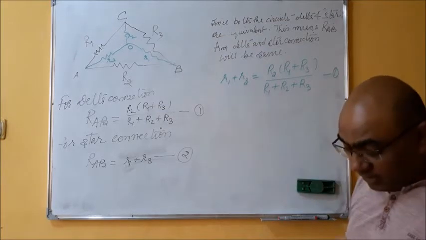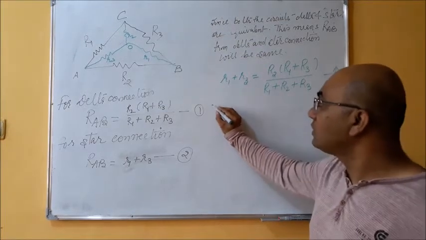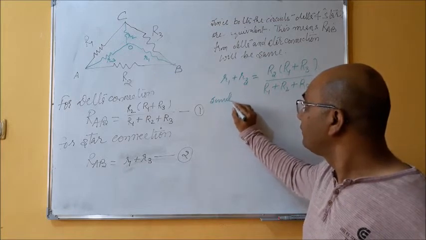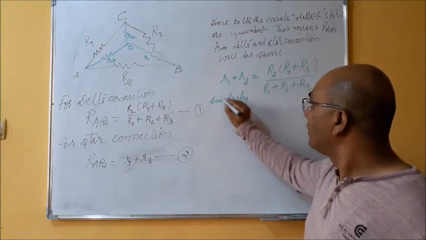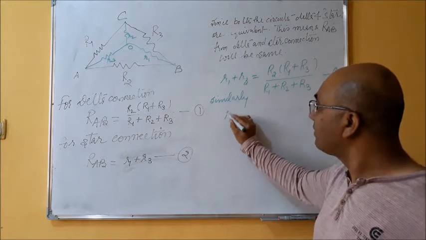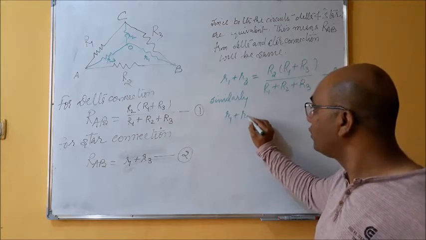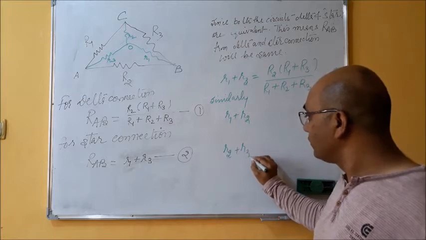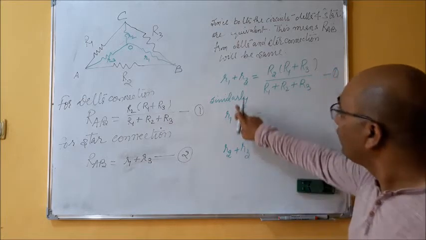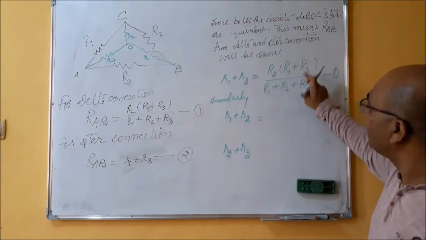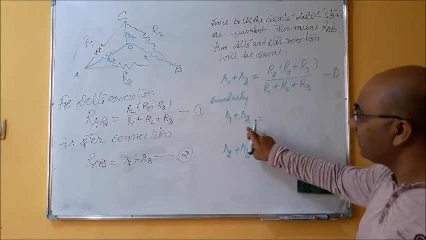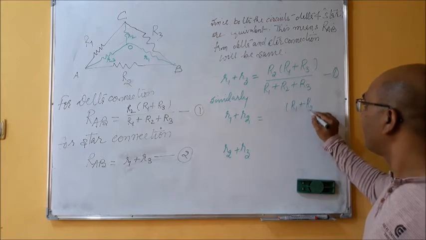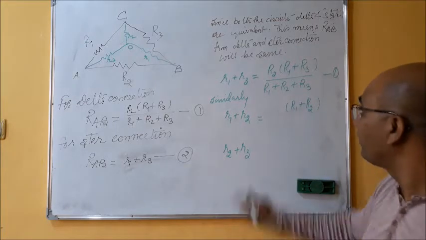In the same way, similarly, if this is r1 plus r3, I can write r1 plus r2 also and r2 plus r3 also. So you see, when there are r1 and r3, in the bracket we have R1 and R3. If we have r1 and r2, what do we have in the bracket? Capital R1 plus capital R2.